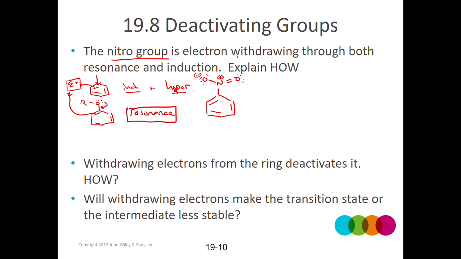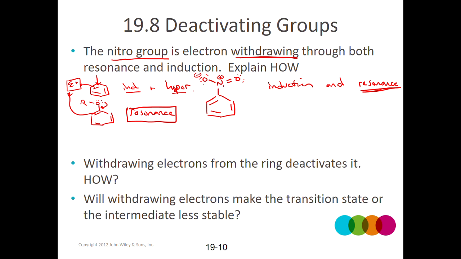But it withdraws electrons through both induction and resonance. And while the resonance is a more major factor, these factors both are making this ring less electron rich. Right?